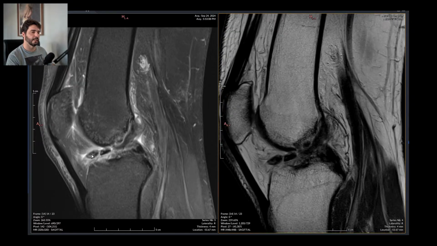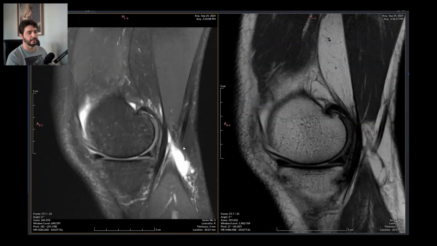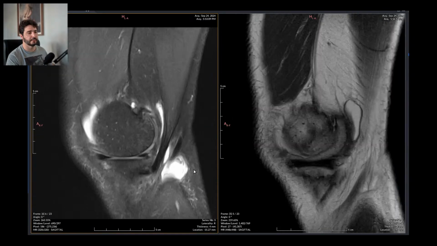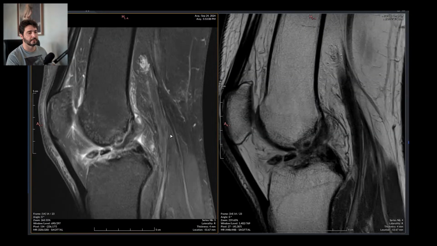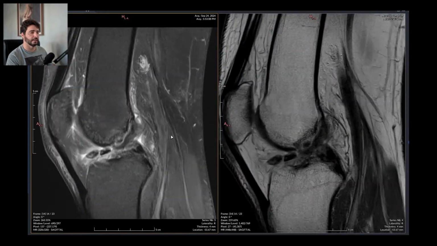I also have free bodies here and right here on the recesses. Let me just measure the largest one. It's 1.2 centimeters, 12 millimeters. And we also have a popliteal cyst right there. It's quite common on chronic cases of arthrosis and arthritis.